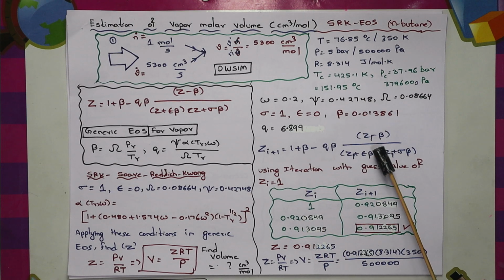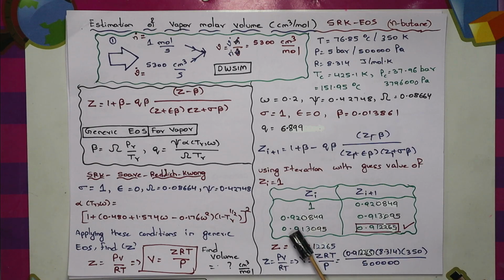So by putting the value of z, compute z i plus 1. Now these both are not matching, which means the assumed value is not equal to the actual value. Now keep it as a second assumption. Now assume 0.920849 in this equation and compute the value of z i plus 1 again.